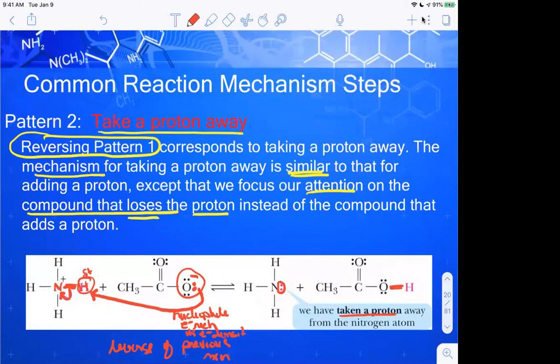You need to be able to accurately draw these arrows. You always start the arrow. So I'm going to start the arrow at an area of high electron density. And I'm going to end the arrow at that area of low electron density.